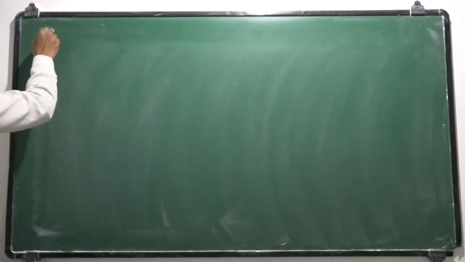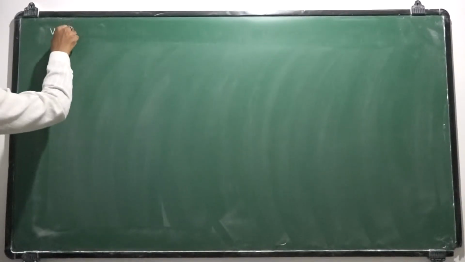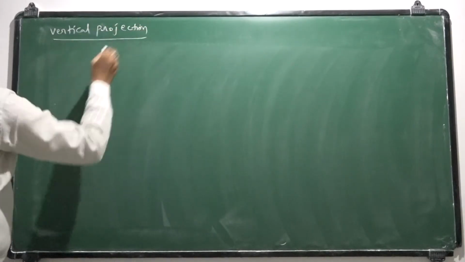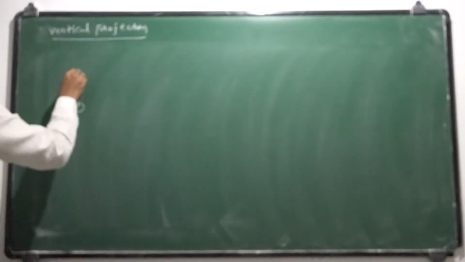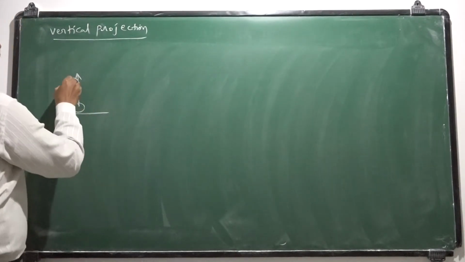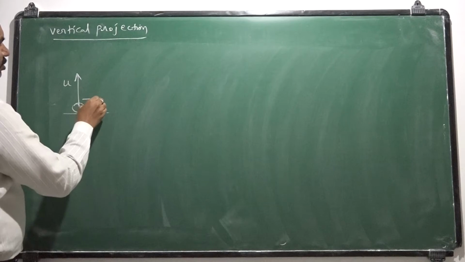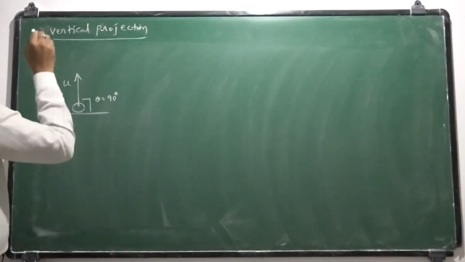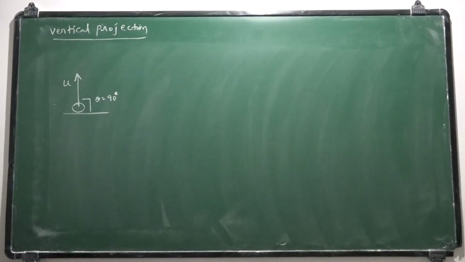First of all, let me say vertical projection. Suppose one object is thrown upwards like this with some initial velocity u, making an angle theta equal to 90 degrees. Such projection is called vertical projection.